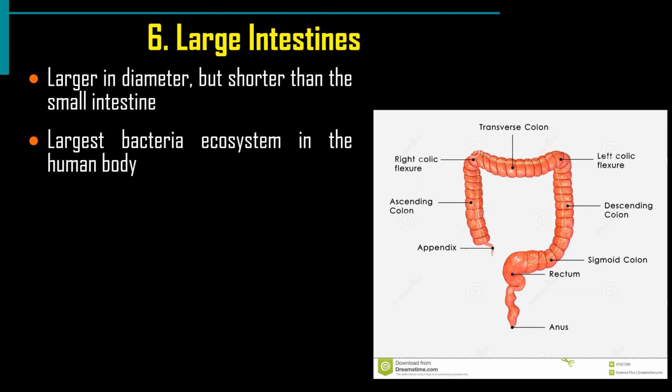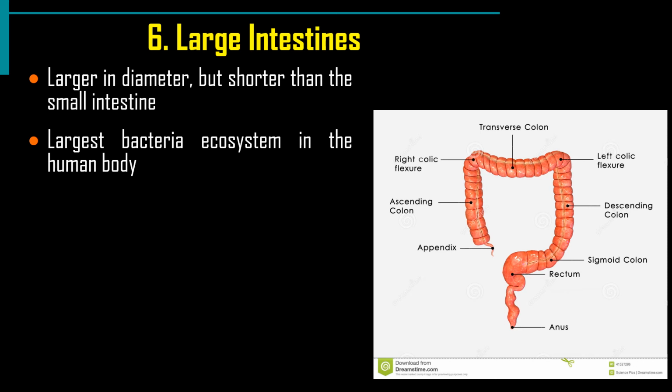The largest bacterial ecosystem in the human body is in the large intestine. The large intestine houses over 700 species of bacteria that perform a variety of functions. The colon absorbs vitamins created by the colonic bacteria.